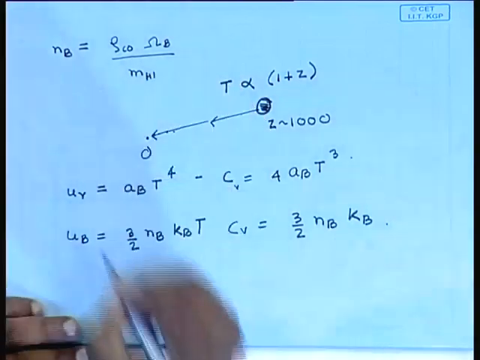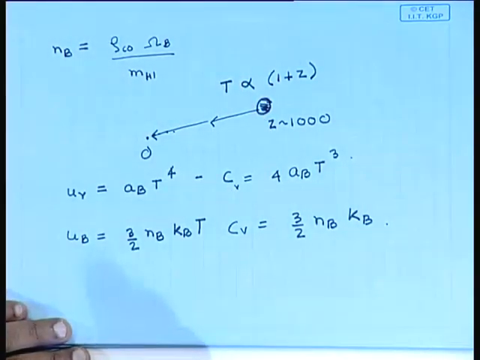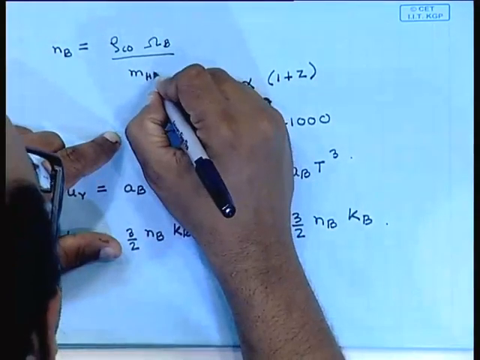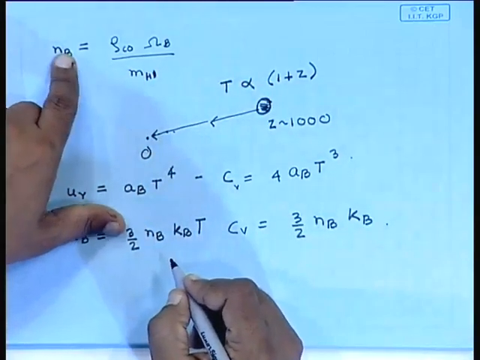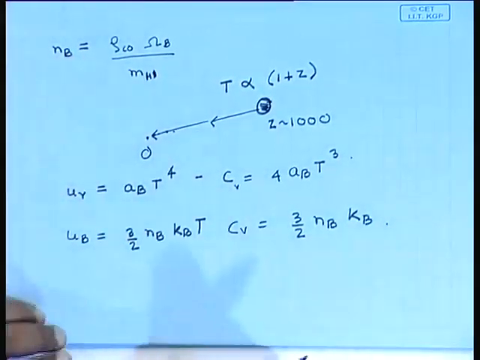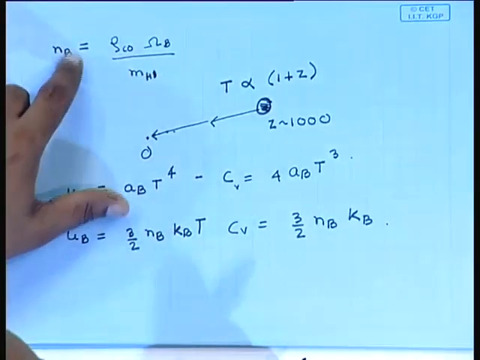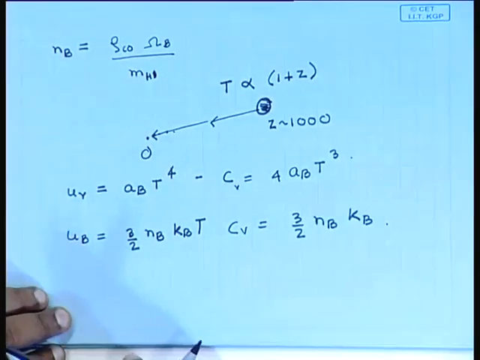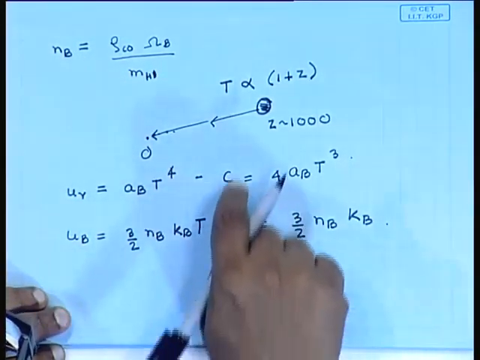If I divide by the mass of one hydrogen atom, then I will get the number of gas particles. So I put in this number over here and I then determine this ratio.